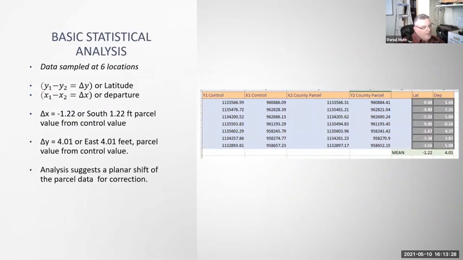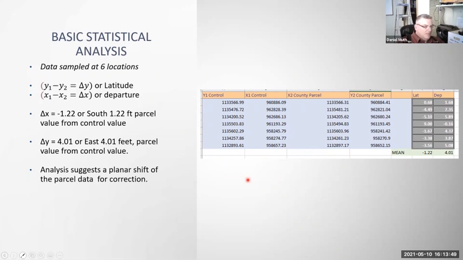My 6 primary sites were used for the statistical analysis, and I just used a basic statistical analysis. I didn't get in depth because I just didn't believe that it was warranted for this particular project.